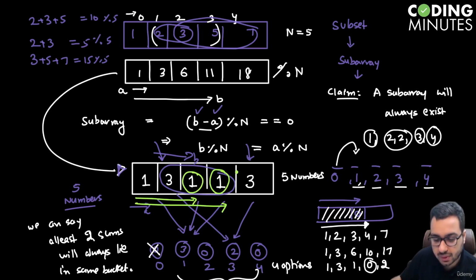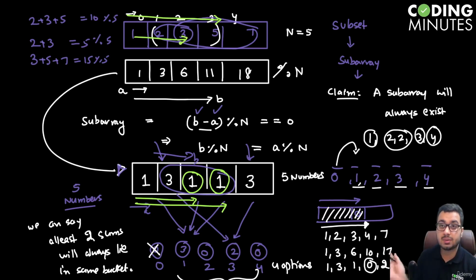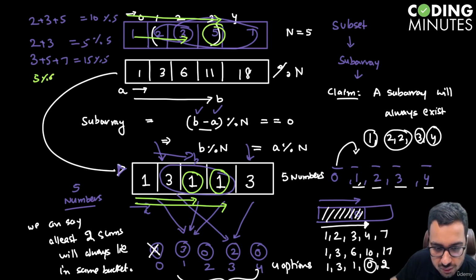If I subtract these two, that effectively means I'm taking all the elements of the array till this particular point, summing them up, and subtracting all the elements of the array till the other point. So what I'm left with is this number 5. This is nothing but 5 mod 5, which is also 0. Okay, so this is also a subarray.